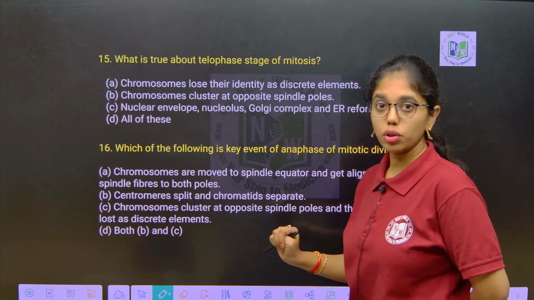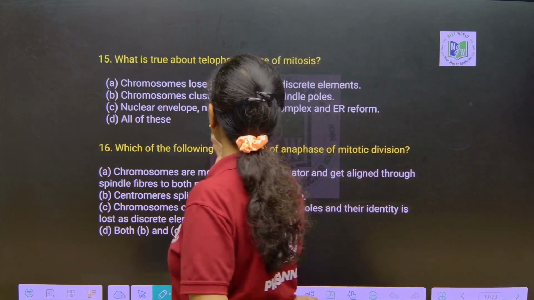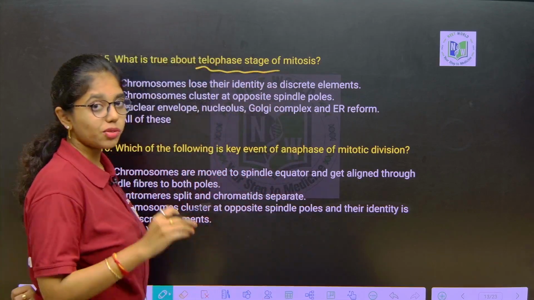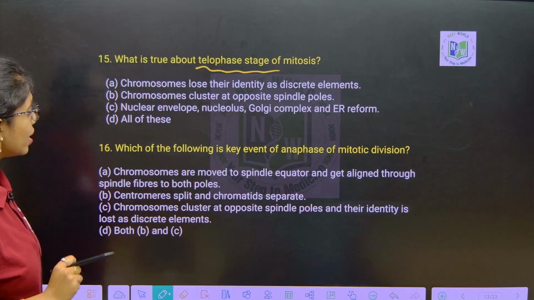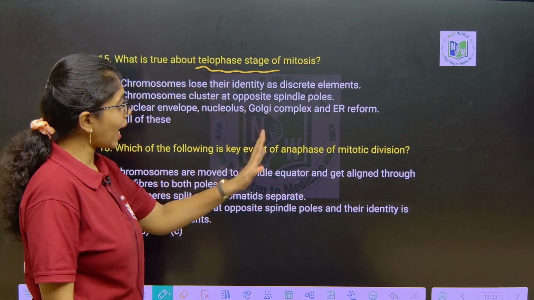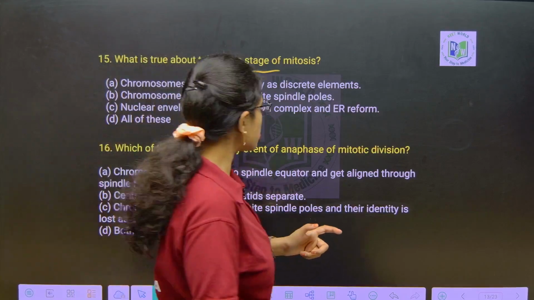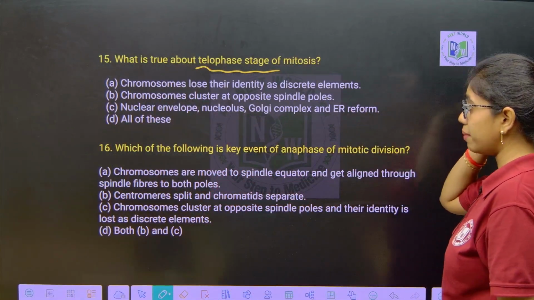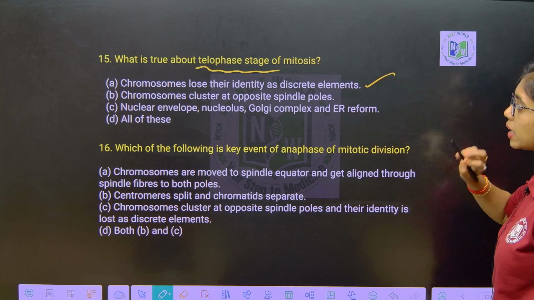Next, what is true about telophase stage? Telophase is the last stage of the M phase. Chromosomes lose their identity as discrete elements, yes, correct in telophase.